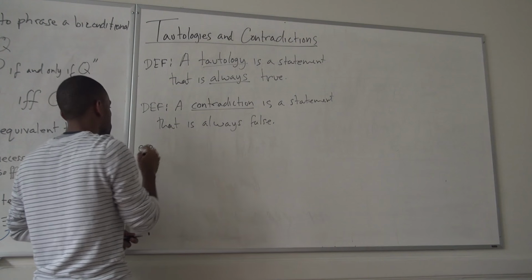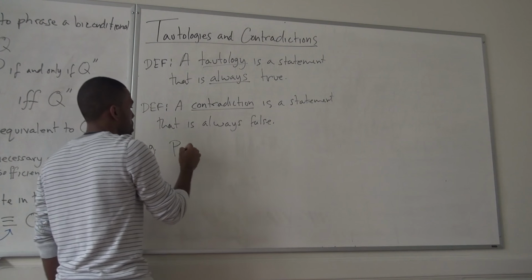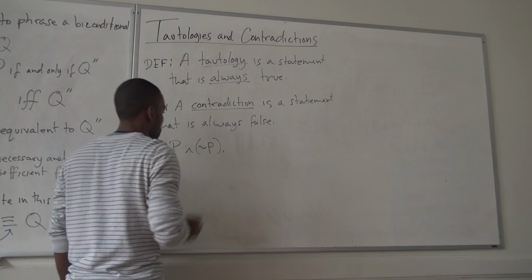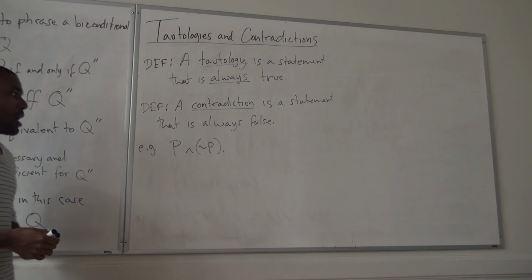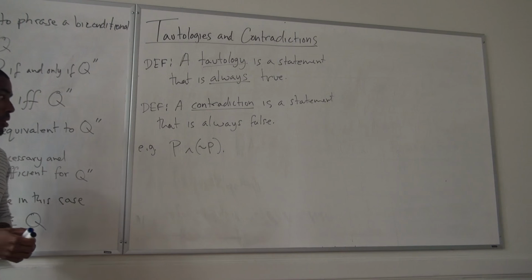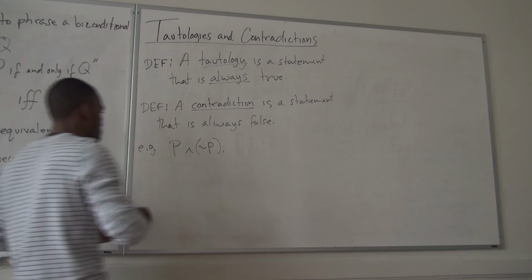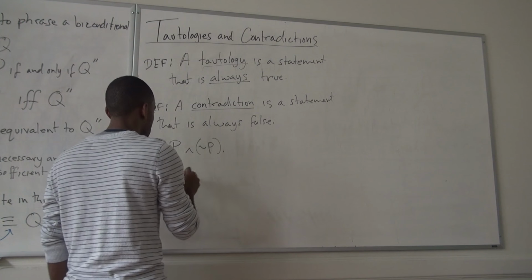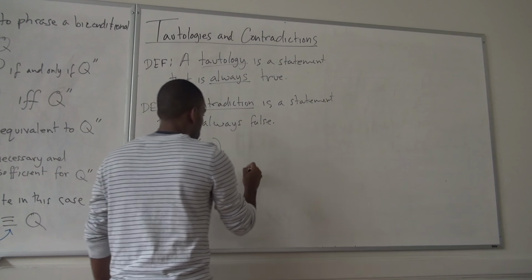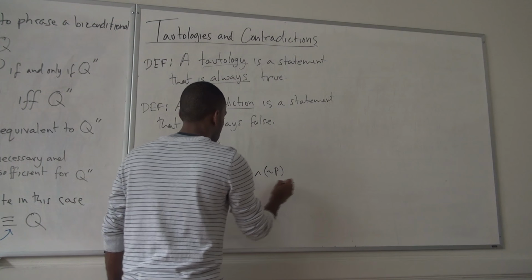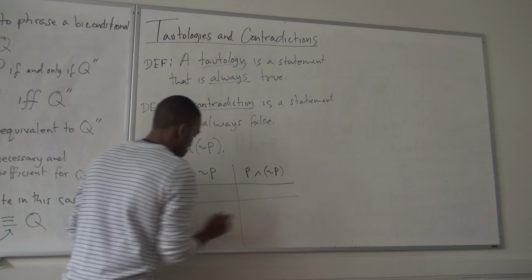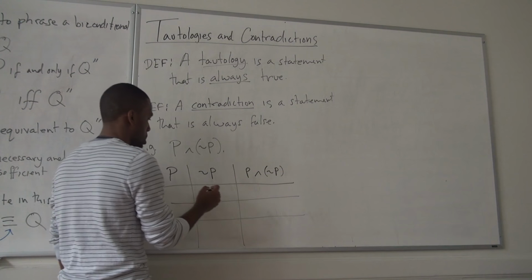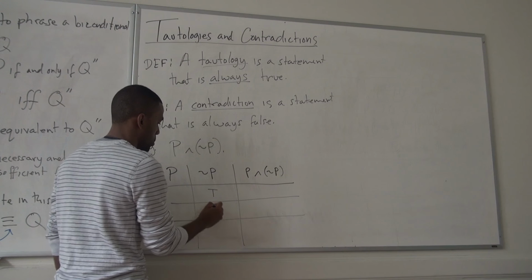Let's do some examples. Let's look at the statement P and not P. This is a contradiction. I am Batman and I am not Batman. Right? Can't be a true statement. So if I look at P, not P, and P and not P, remember how we set this up. This could be true or false.